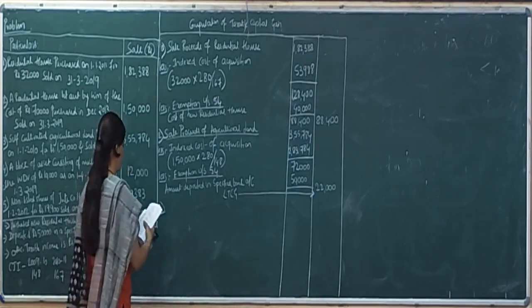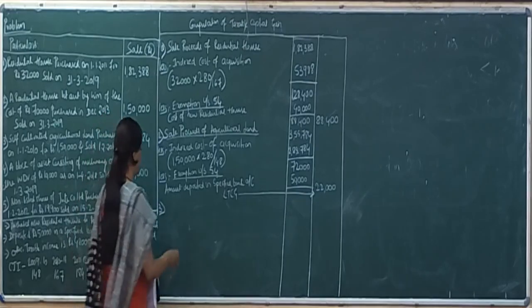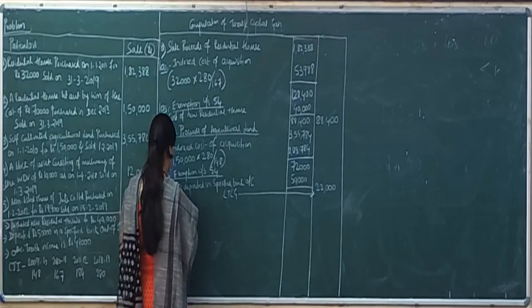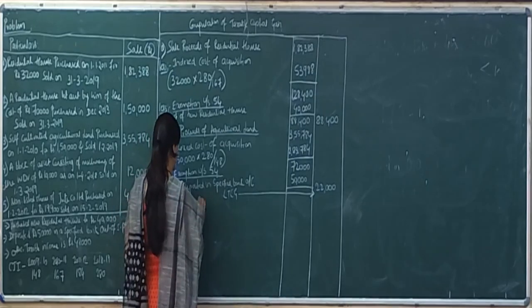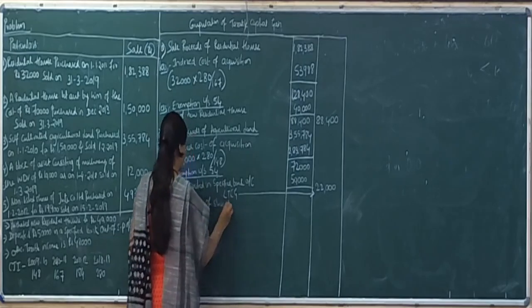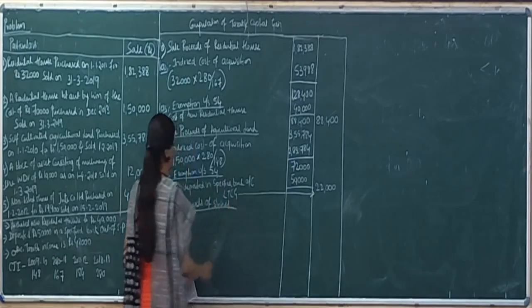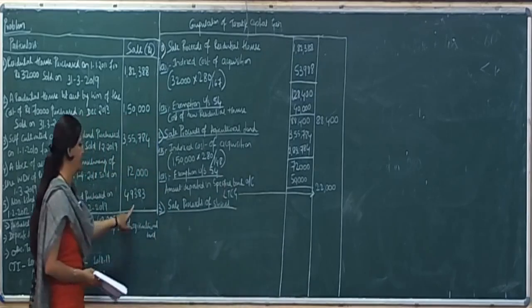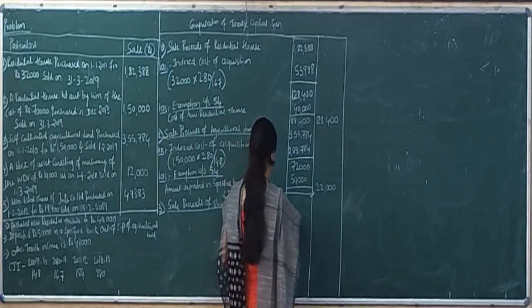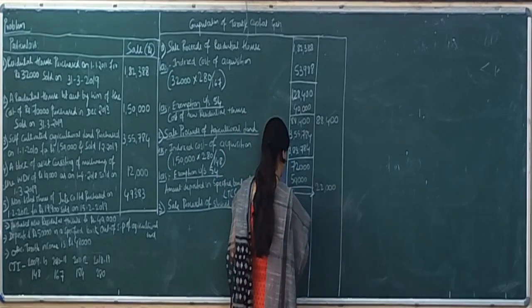Okay, so now third category, I will write sale proceeds of shares. The sale proceeds is 49,383.